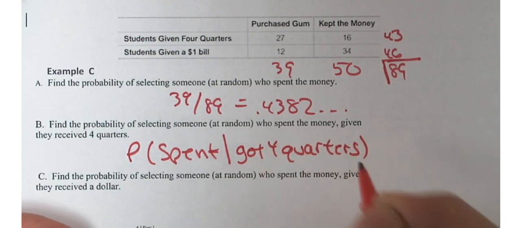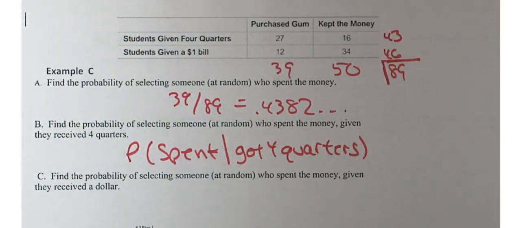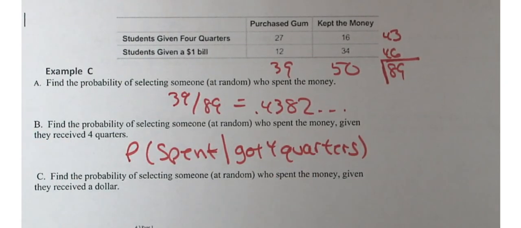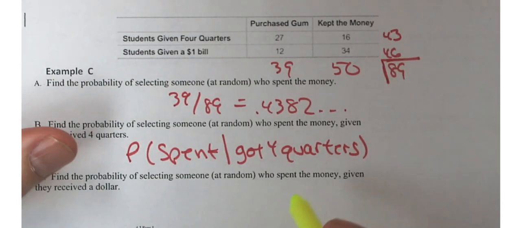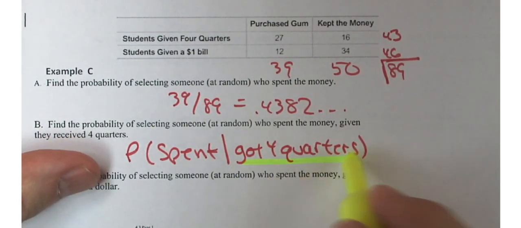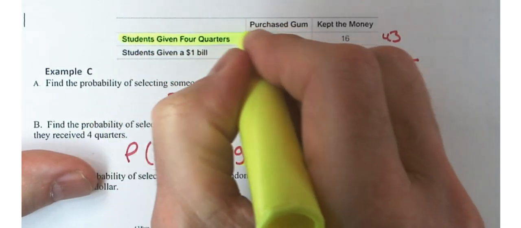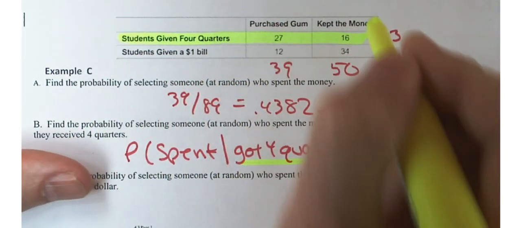This changes the sample space. You're telling somebody in advance that, okay, let's just look at the people who got 4 quarters. So if we're looking at the students who got 4 quarters, then this is our sample space right here. It's no longer the whole table, it's just this right there.